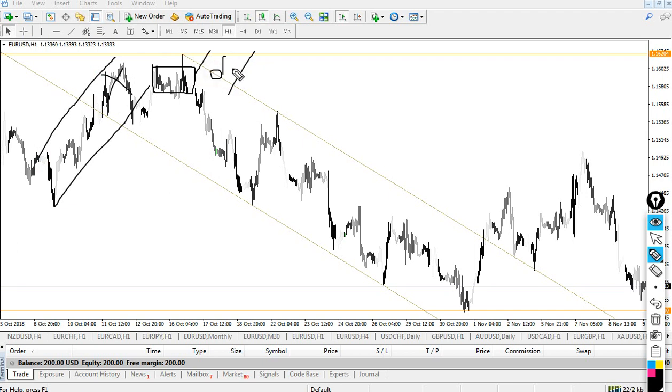So the first confirmation is that you see a spike, where the market touches the best resistance which you drew, and then the market reverses. The second part is the 100% correction you see from here to there.